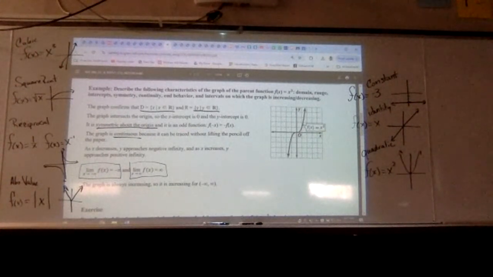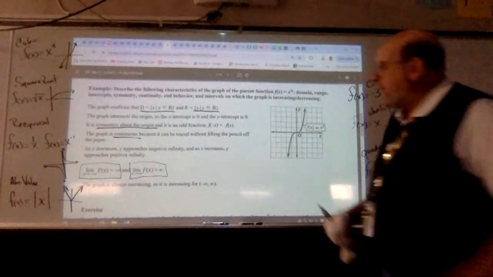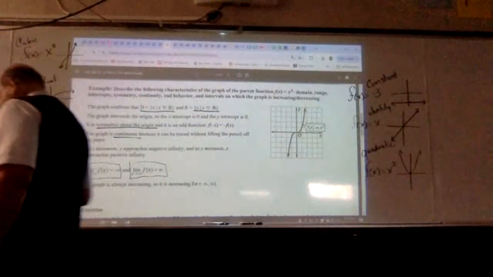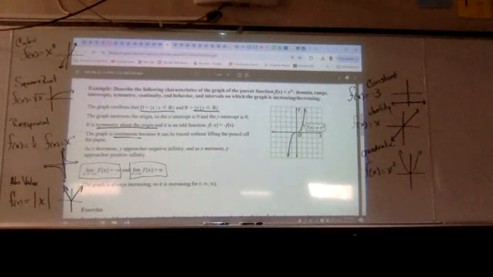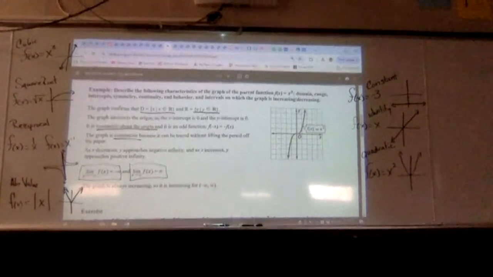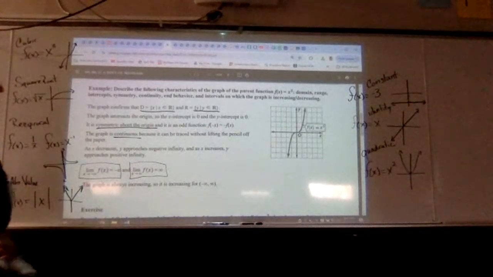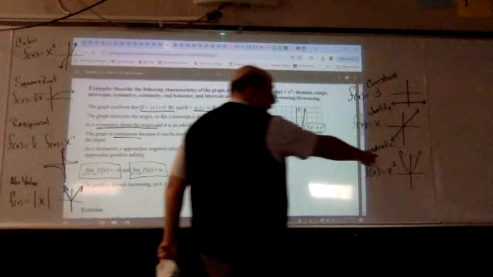This is tough stuff. This is not. Most of these graphs are brand new, right? No. Have you ever seen all these graphs before? Yeah, some of them. I bet you've seen this absolute value graph, the V. You've definitely seen the quadratic, the parabola.